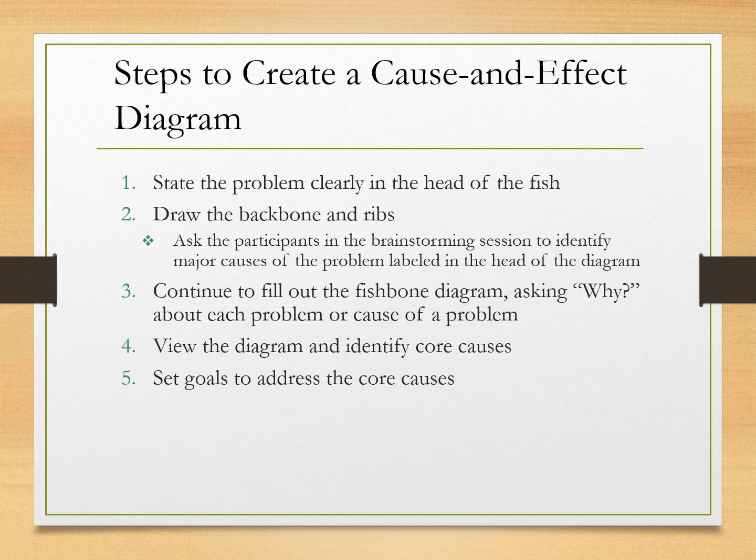In order to create a cause and effect diagram, we need to first state the problem specifically in the fish head, and then draw backbone and ribs with major categories like 6 M's or 4 P's, use 5 Whys to add causes and sub-causes, identify which root causes would have biggest impact, and set specific goals with responsibilities.